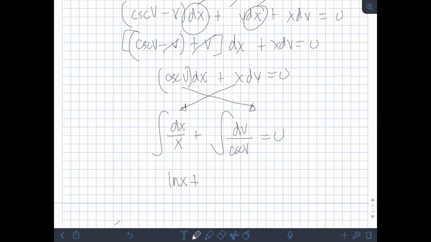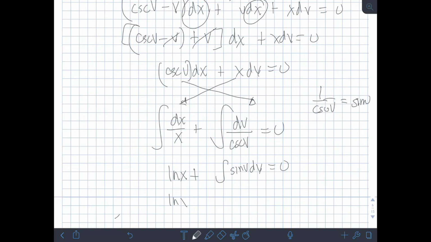So, i-represent muna natin itong 1 over cosecant v as what? Diba reciprocal yun ng sine? So, magiging sine v lang siya. So, pwede pala itong maging sine v dv equal 0. Trigonometric identity. So, pwede nating ma-integrate. Diba may direct integral formula tayo for sine v? Ano yun? Negative cosine v equals, so pag integrate mo yung right side, constant na lang yan.